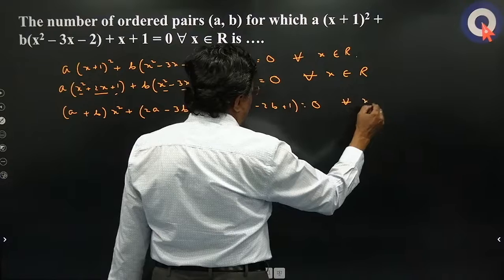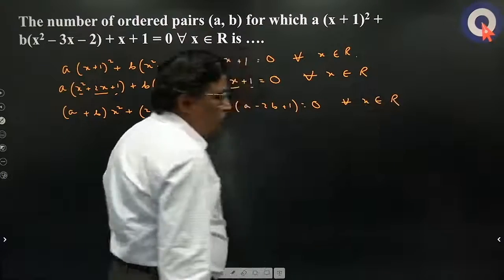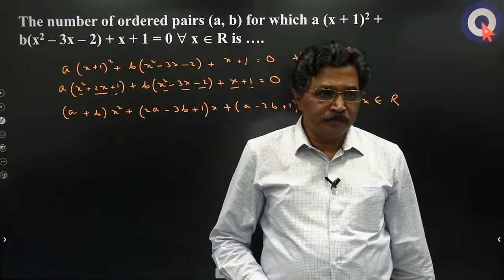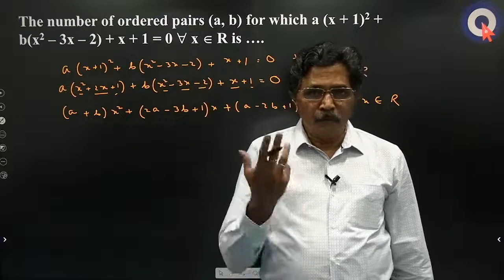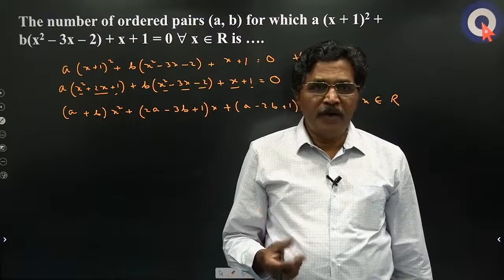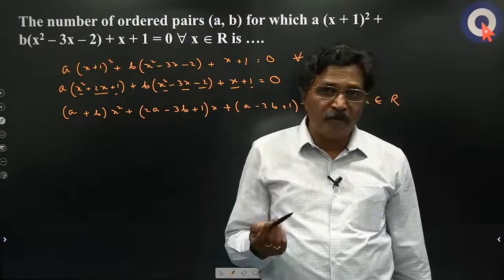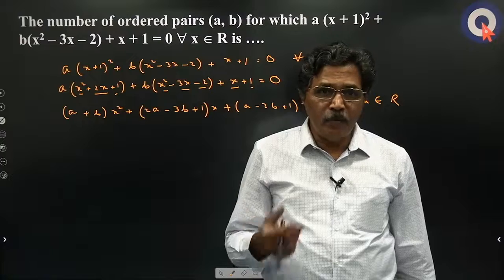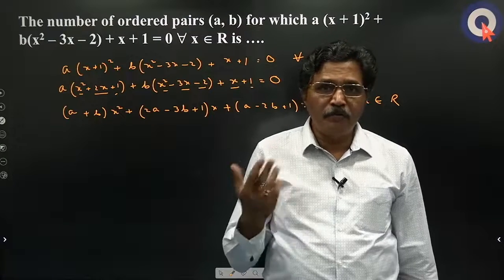See, basically a quadratic equation can be satisfied by at most two values. But if it has to be 0 for every x belongs to R, then it has to vanish identically. So no matter what x is, it should become 0.